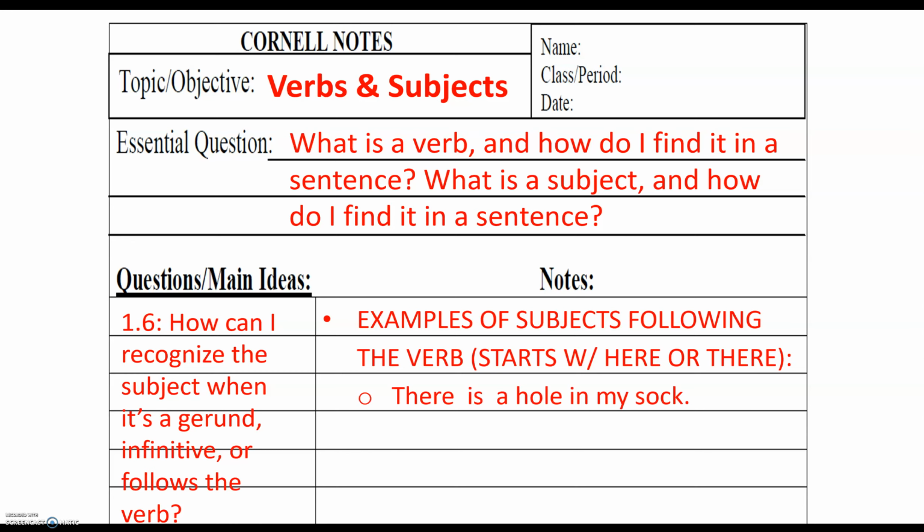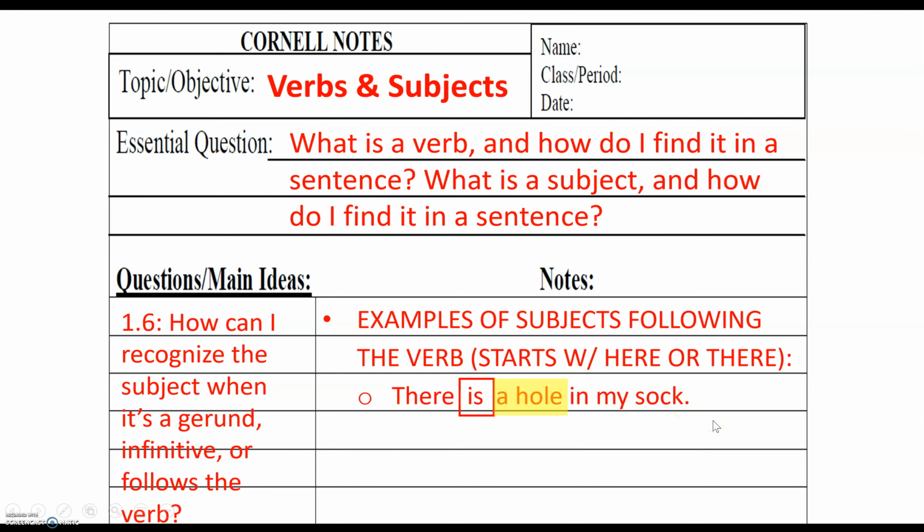For example, if I say there is a hole in my sock, okay, I can see that my verb is the word is, but there is not my subject, okay, and I know that. So there is what is almost what I want to ask, kind of in reverse. There is what? The answer is going to be my subject.